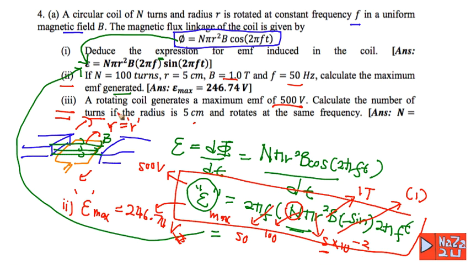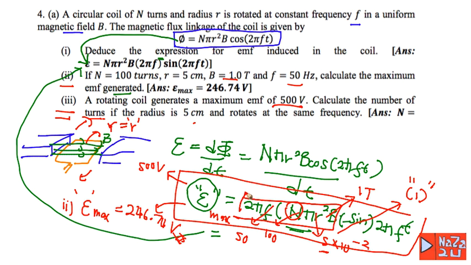Remember, when the coil rotates and generates the maximum, the sine is still equal to 1, because the maximum sine is equal to 1. So now you can use the value here, because the sine is maximum.